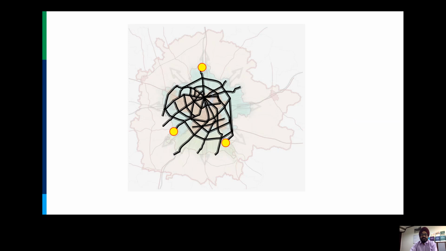But as the city expanded from this very central network system, and not all cities in India, more than 4,000 cities, only 400 cities have sewerage systems, and that too partial. But as the cities evolved, the central sewerage system did not evolve.